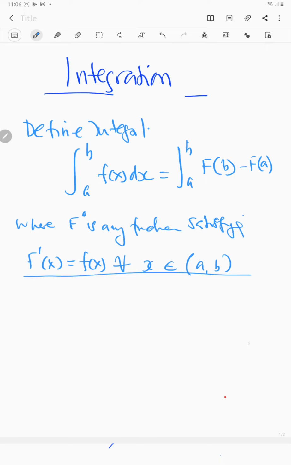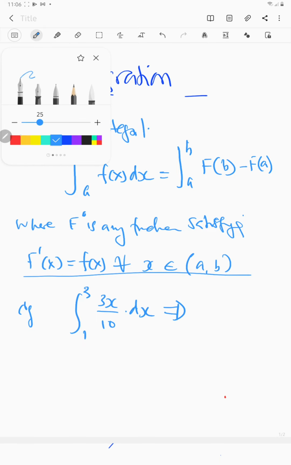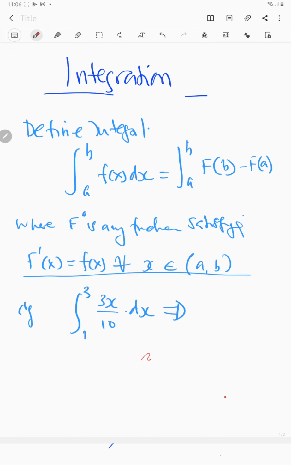Having done that, we can get an example. We can have a problem where the integral from 1 to 3 of 3x over 10 dx. Can you find the integral of this statement with limits involved? In that process, you look at the integral of that. It is equal to the integral of 3x over 10.